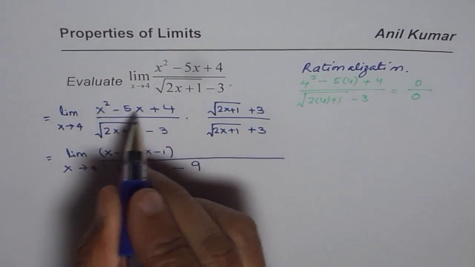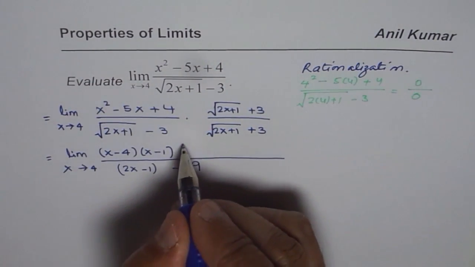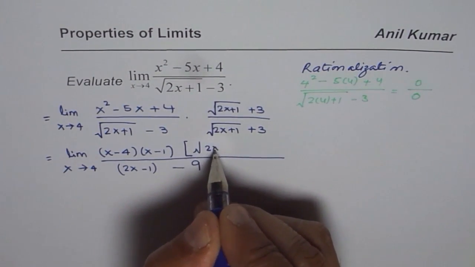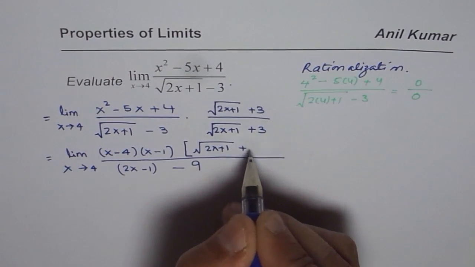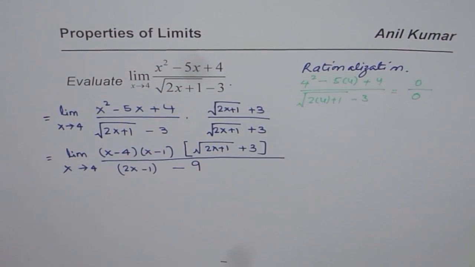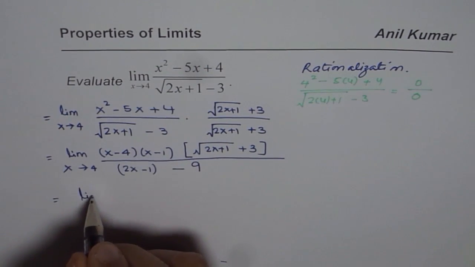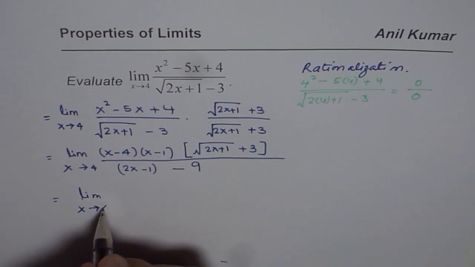So I have factored this part, the quadratic function, and then we'll multiply this by square root of 2x plus 1 plus 3. Is that okay? So this is what you get. Now we can simplify the denominator. We have limit x approaches 4.